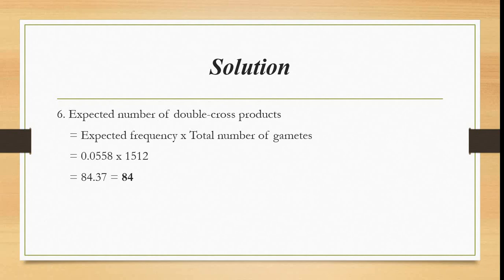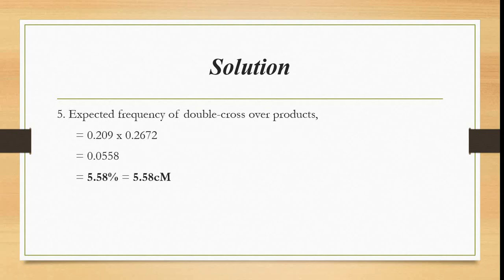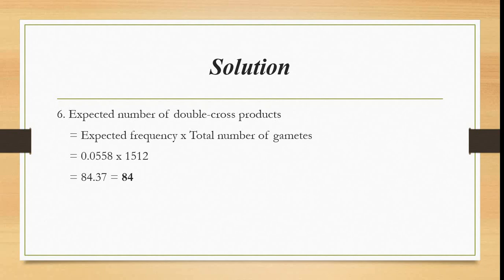So the expected frequency was calculated at 0.0558. So you multiply that by total number of gametes in the table, which gave us 1512. So you get 84.37. And since we cannot have decimal numbers for gametes, you approximate that to the nearest whole number. You end up getting 84.